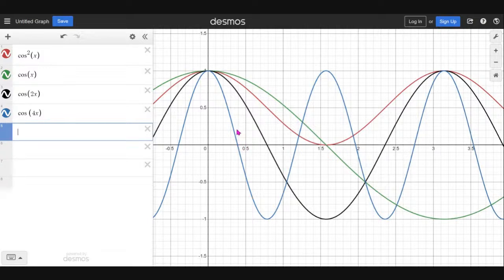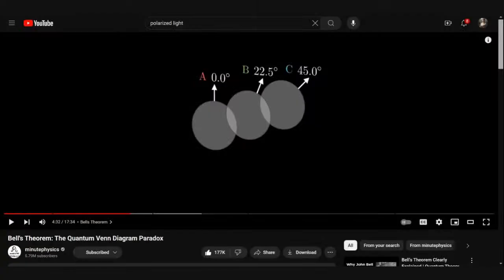So this should be 22.5 degrees. 22.5, who knows? Oh, there it is. Yeah, 0.8, it's approximately 0.85. Yeah, makes sense. Fine, but that's not correct. That has nothing to do with what we're looking at.